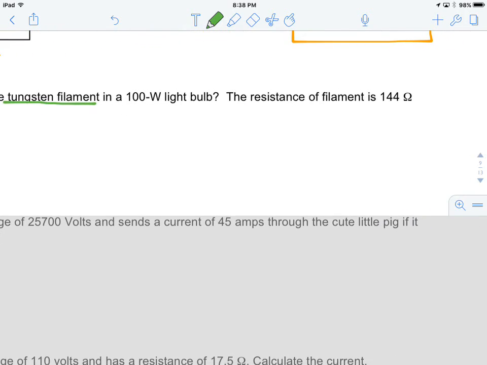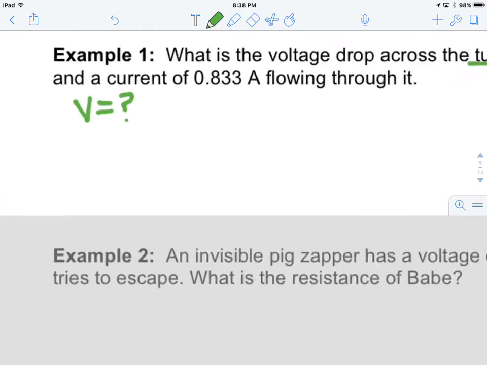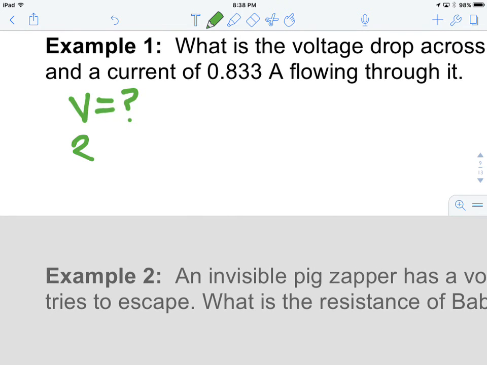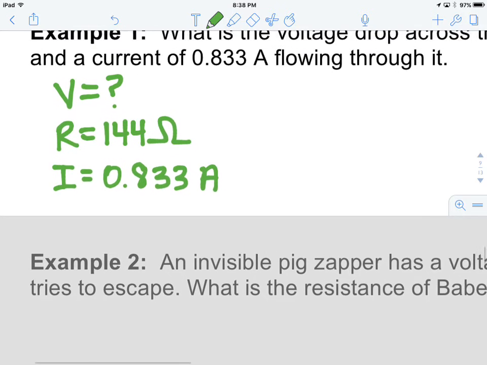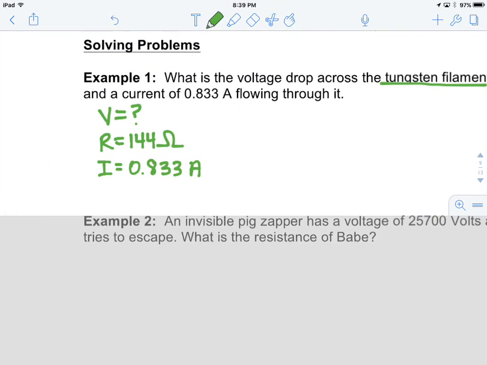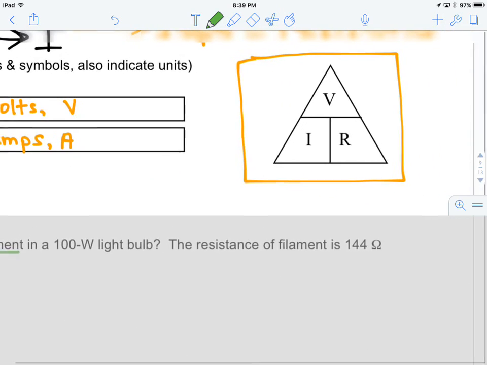The resistance is 144 ohms, and we have a current of 0.833 amps.